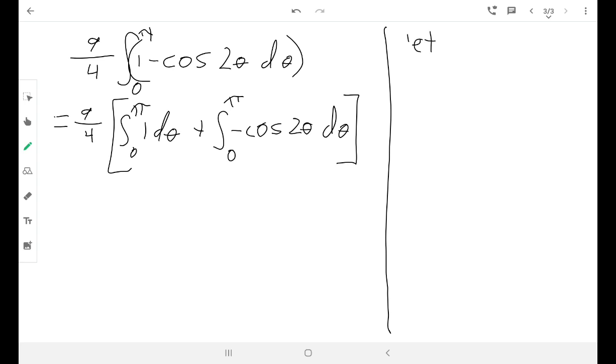You'd say let u equal 2 theta, and then you'd differentiate, then du would equal 2 d theta, sorry.